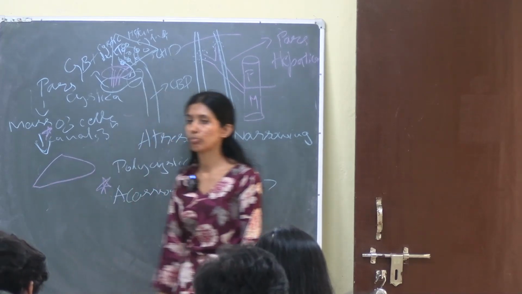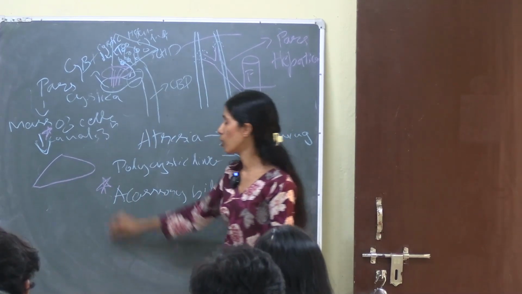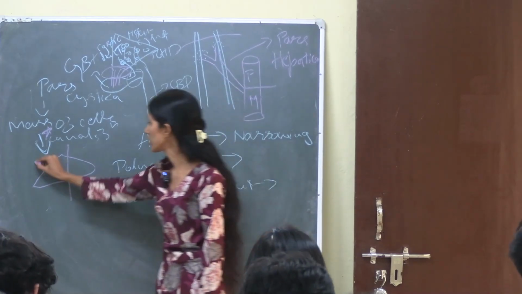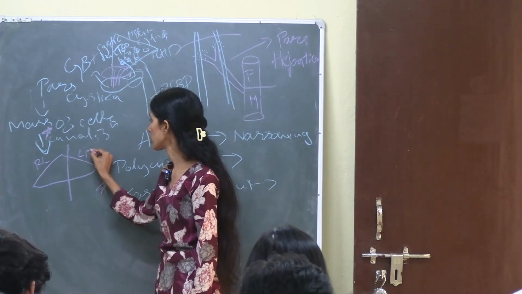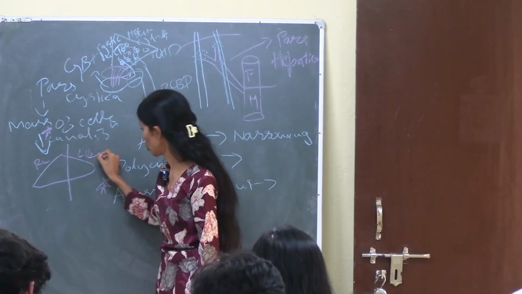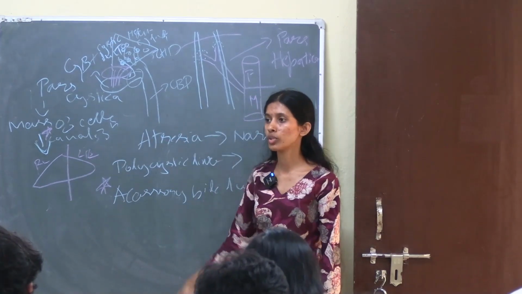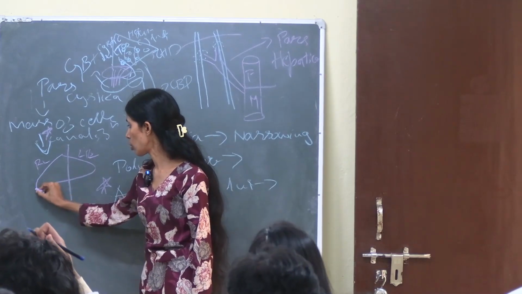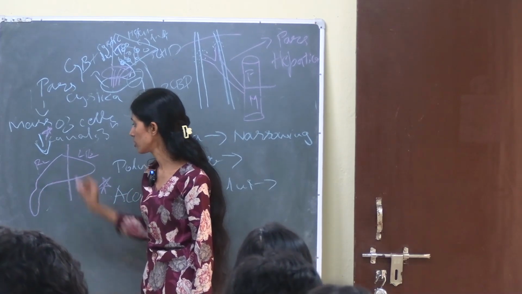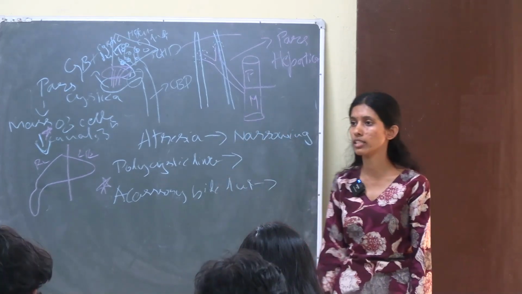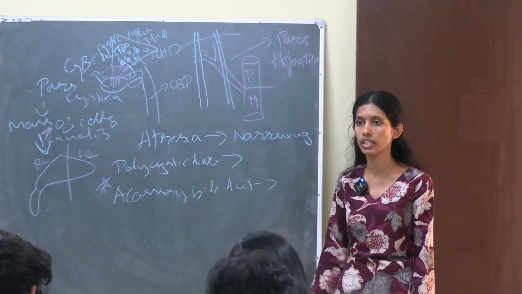So we have a developing liver, and we all know your liver has a right lobe and a left lobe, right? During the developmental stage, from the right lobe, we can see a small tongue-like extension from the liver, especially from the right side or right lobe of the liver.